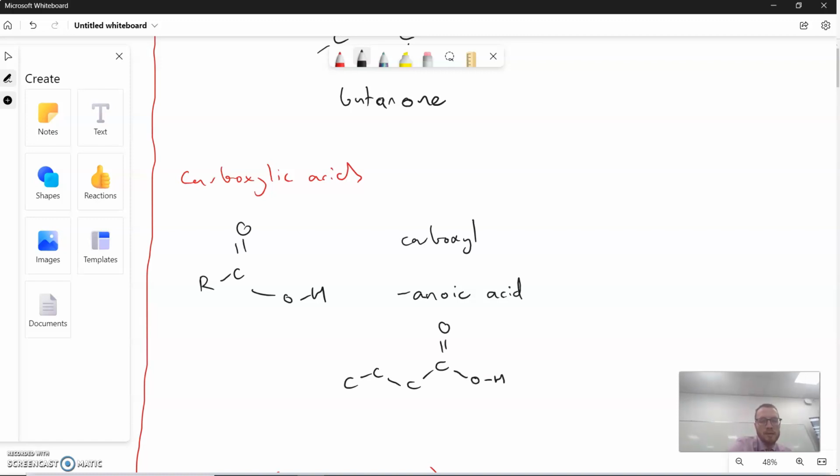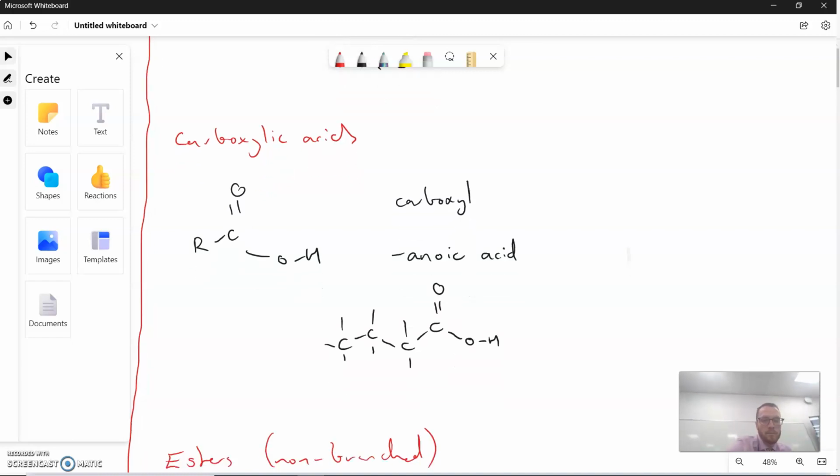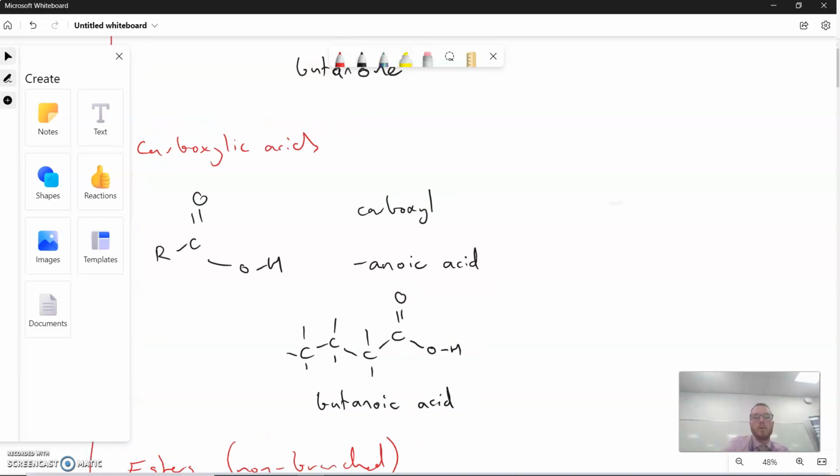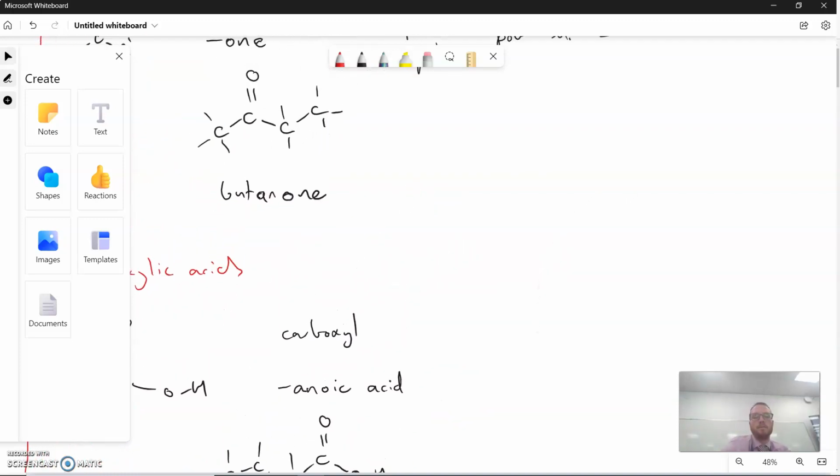And one of my most hated substances to work with is this: butanoic acid. The reason I hate working with it is because it smells like vomit. Yeah? It's also called butyric acid. It's the acid which is formed from rancid butter, butter that goes off.